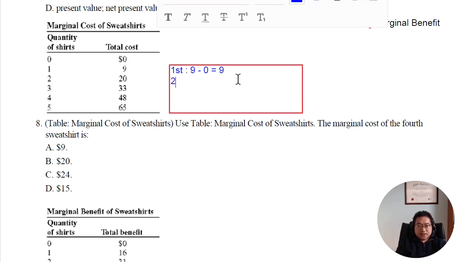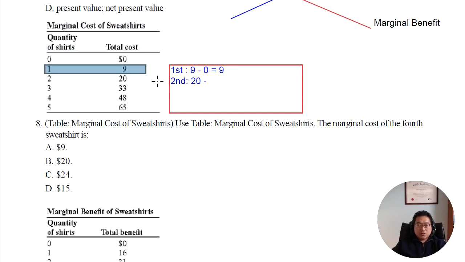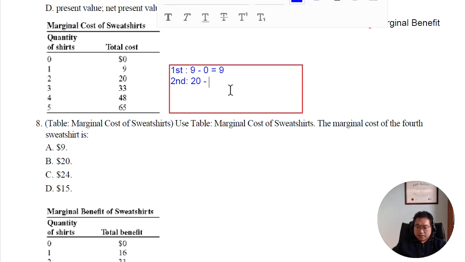Okay, the second one is what? This 20, right? The total cost becomes $20. So it's 20 minus the total cost of producing one sweatshirt. Okay, it's 20 minus 9. We got $11 is the marginal cost of the second sweatshirt.